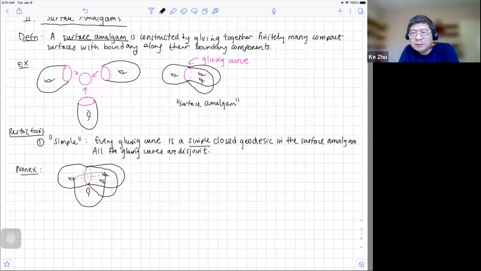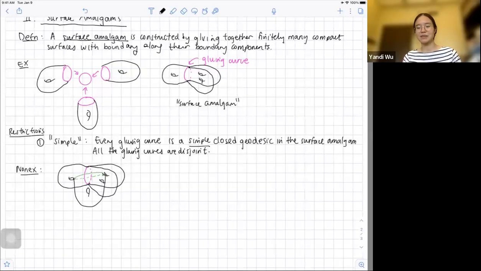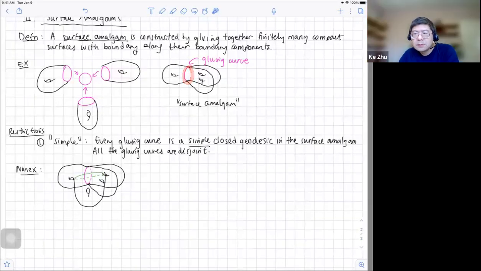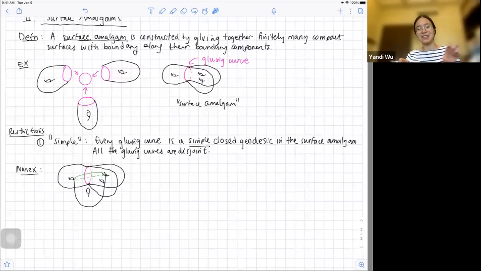Oh, no longer a manifold, and the reason for that is because you have this singular set. If you glue 2 of them together, you get a surface, but if you glue that third one on top, then it's no longer a manifold. But they're kind of similar to surfaces.